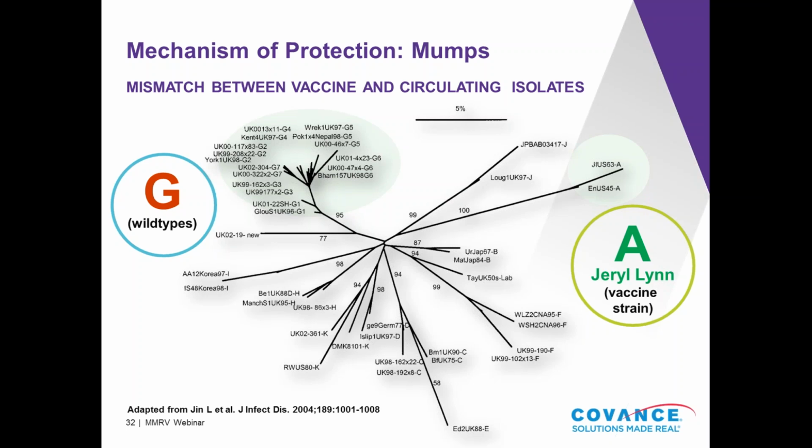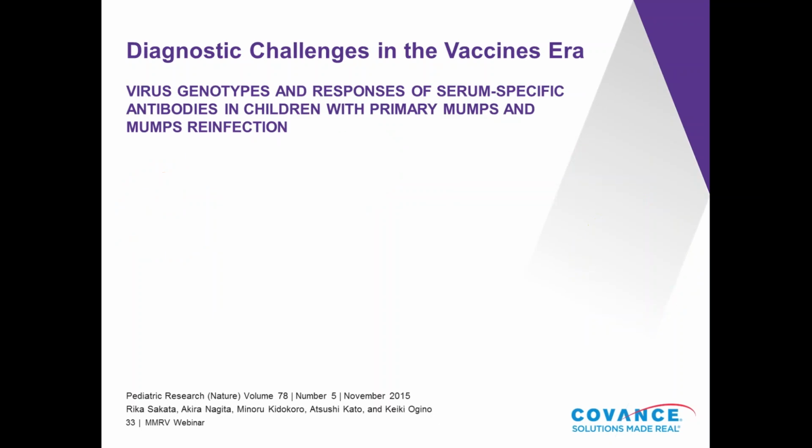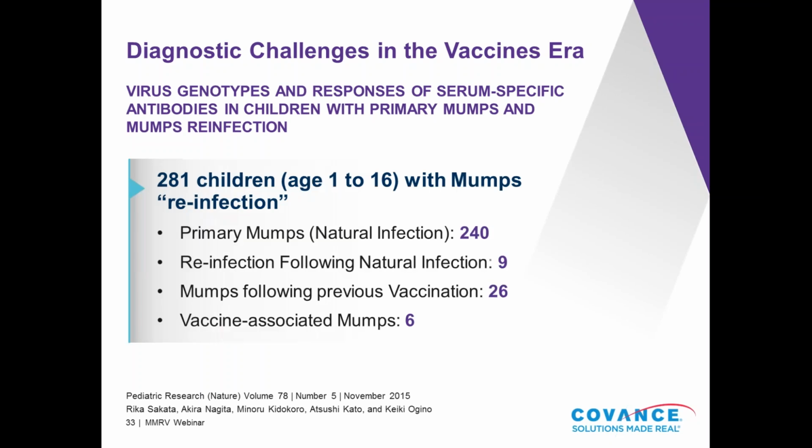And to further highlight the impact of strain diversity in the potential efficacy of the vaccine, I would like to discuss a publication from 2015 in Pediatric Research. In this publication, Sakata and colleagues studied 281 children with what they define as mumps reinfection.